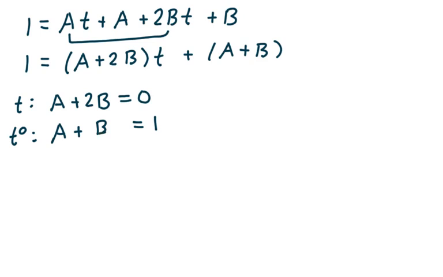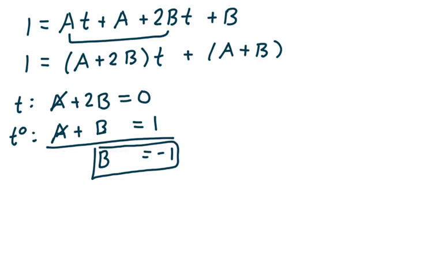Now, if I subtract these equations, are we in agreement? If I subtract, the a's cancel, and I have b equals negative 1. And if b equals negative 1, that's going to force a into being 2.